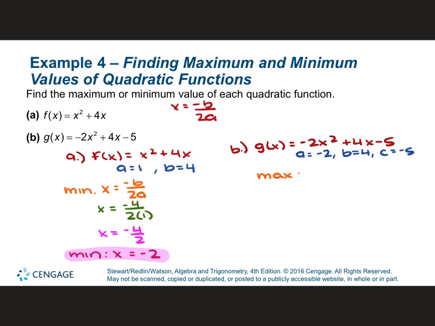To find that maximum value, we'll use x is equal to negative b over 2 times a. So plug the values in. We'll have x is equal to negative 4 over 2 times negative 2. The 2 times negative 2 is negative 4, so that's x is equal to negative 4 over negative 4. Any number over itself is 1, so our maximum value is where x is equal to 1.